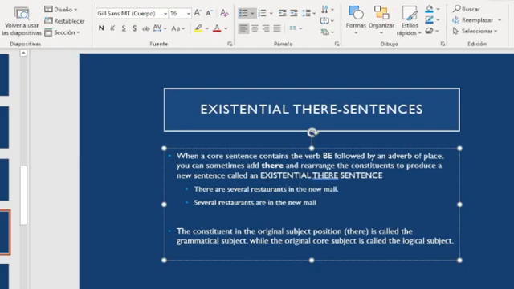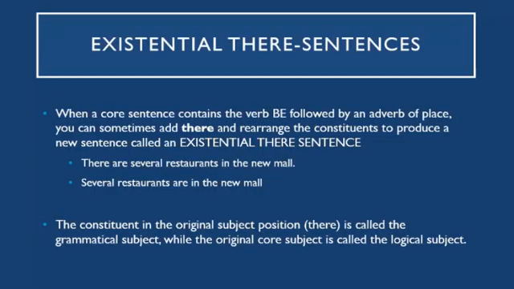Several restaurants are in the new mall. Which one here is the subject now? Several restaurants. It's to the left of the verb. It sits in the subject position.